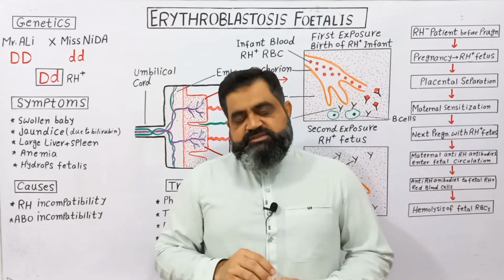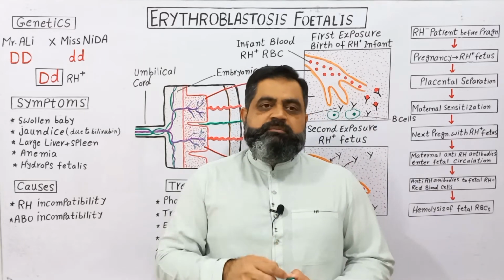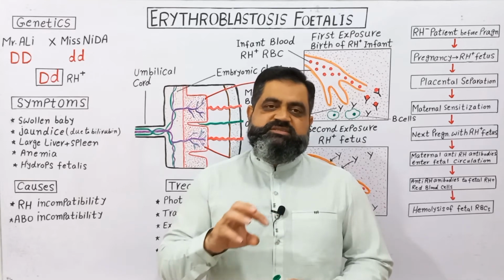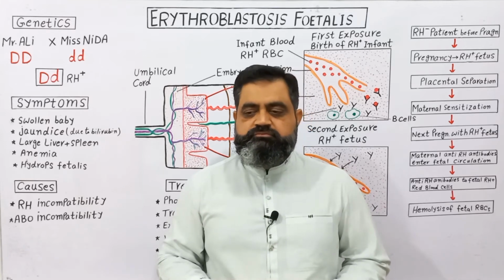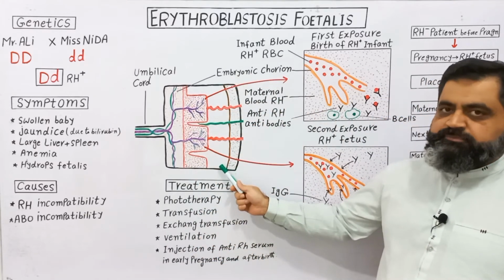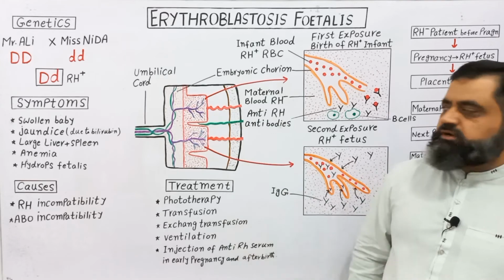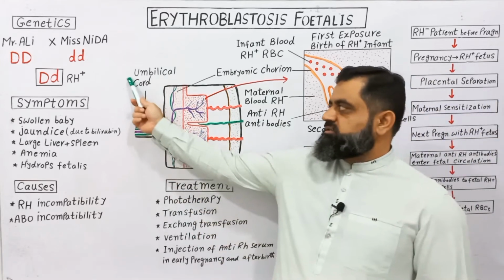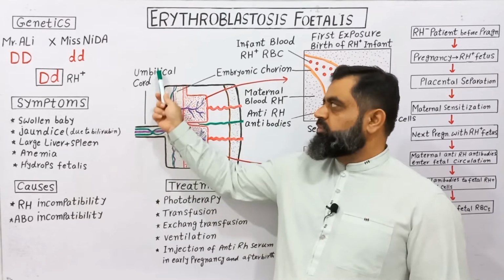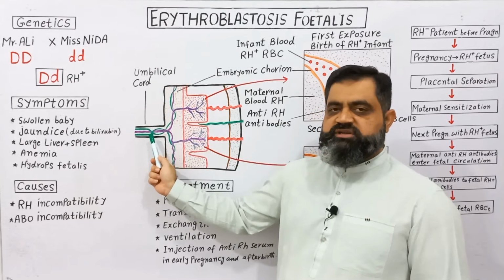This genetics produces a condition which is known as erythroblastosis. So let's discuss how this arises. Let's look at this diagram. This is a diagram of the placenta of the mother, Miss Nida. On this side there is a baby, the fetus, attached to the mother through the umbilical cord, which contains arteries and veins.